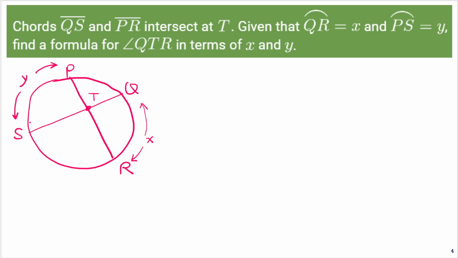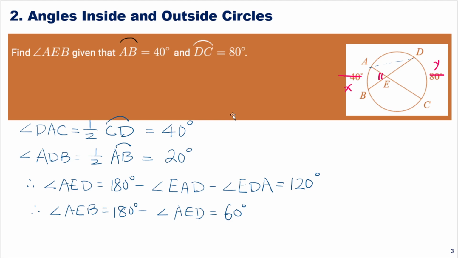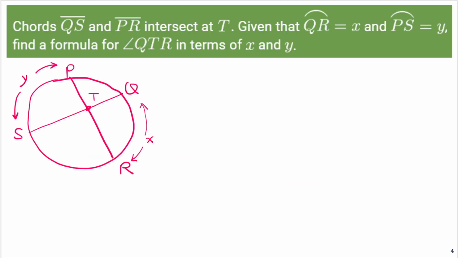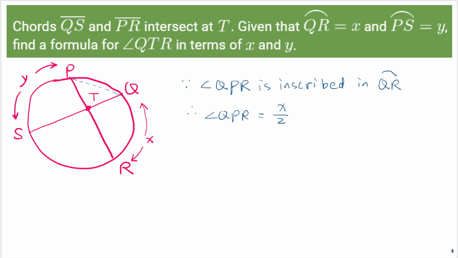So the method should be the same as the previous one, right? Again, we could make use of some inscribed angles there. For example, we could connect points P and Q, right? Since angle QPR is inscribed in arc QR, we have angle QPR equals half of X, right?